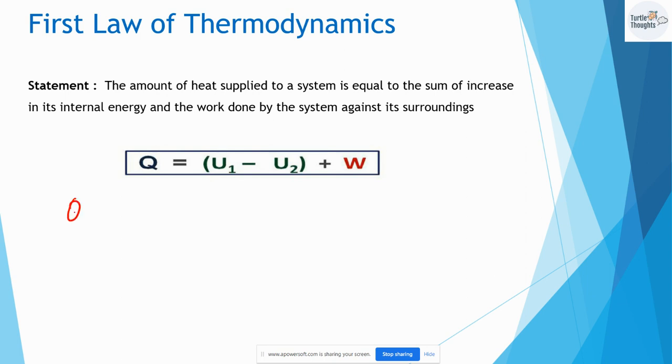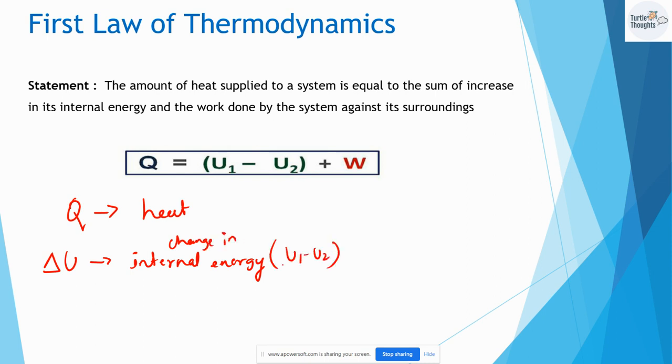So I can write Q is going to be the heat, U is the internal energy, or rather if I write delta U, it is going to be the change in internal energy, which is U1 minus U2. W is going to be the work.